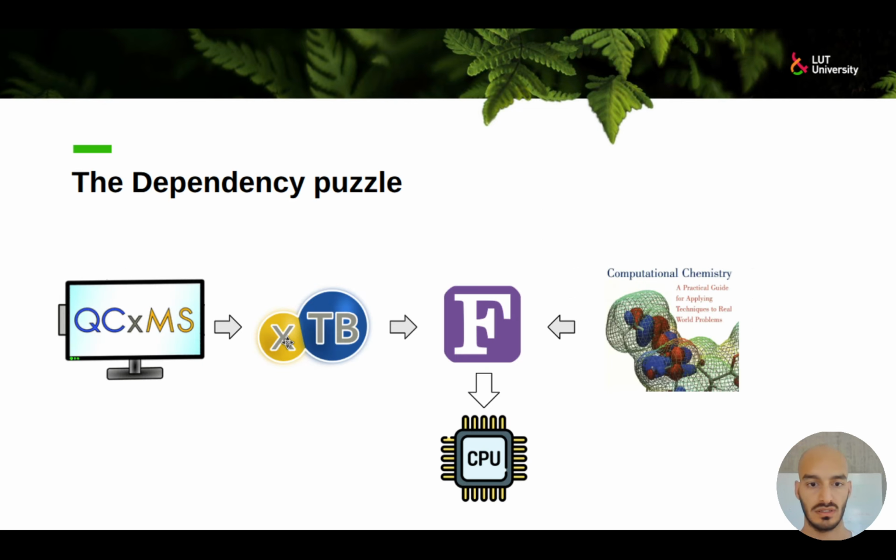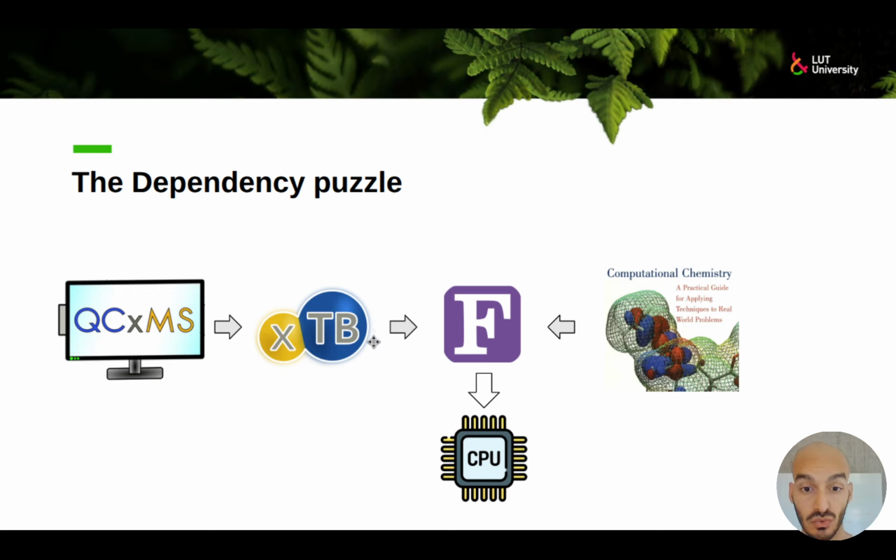The first thing I did was to profile and understand how exactly QCXMS works. When you turn on QCXMS, it depends on a library called XTB. XTB is a chemistry simulation program. Essentially, it knows how atoms, molecules, and molecular complexes interact.